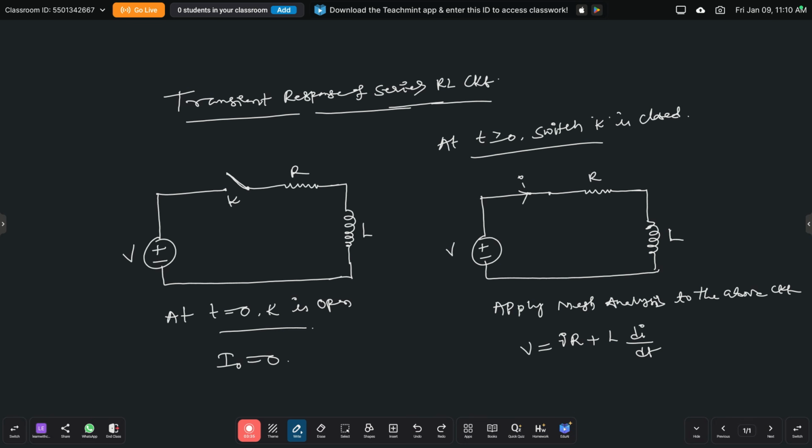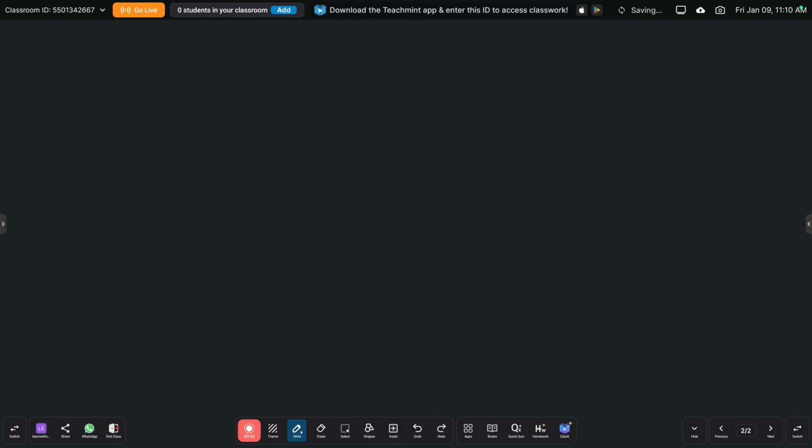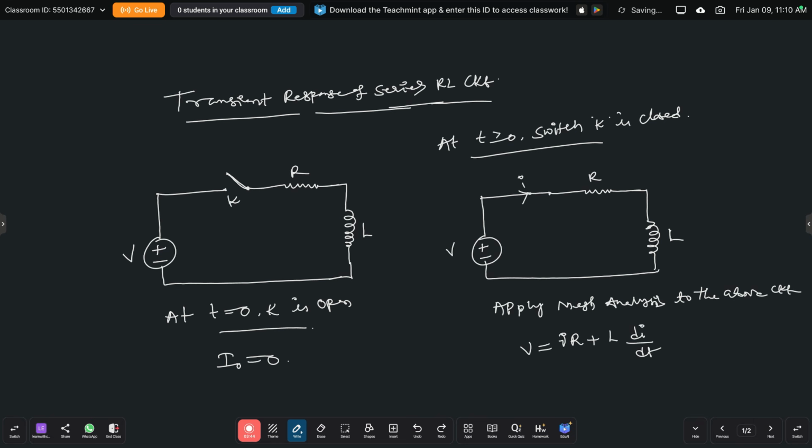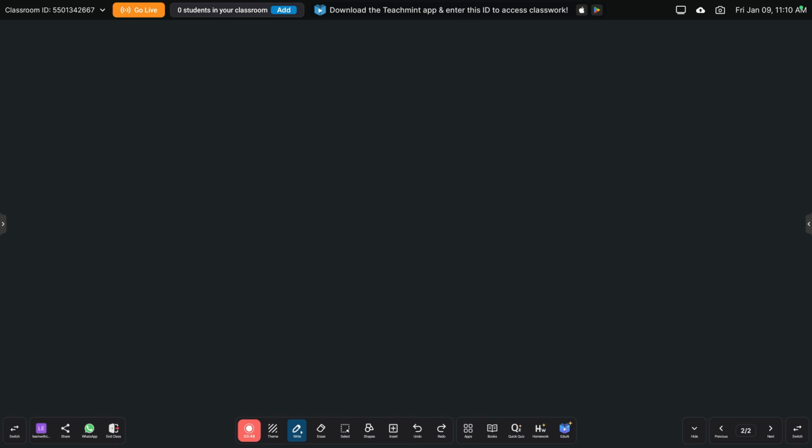Once again, V equals IR plus L into di by dt.